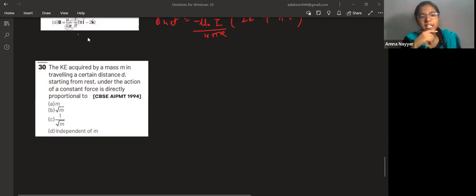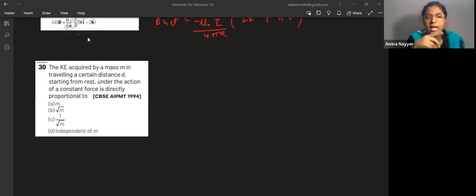See, it says that the kinetic energy acquired by a mass m traveling a certain distance d starting from rest under the action of a constant force is directly proportional to what. Now, work done by the external forces is equal to the change in kinetic energy, right? Since it is written that the particle starts from rest, initial kinetic energy will be 0, and kinetic energy is F dot d.